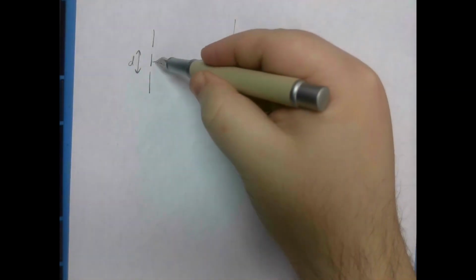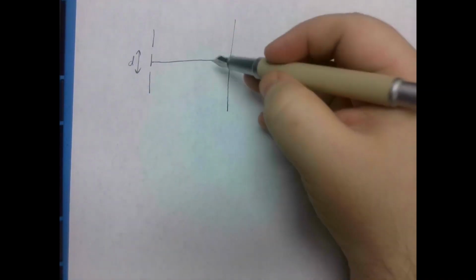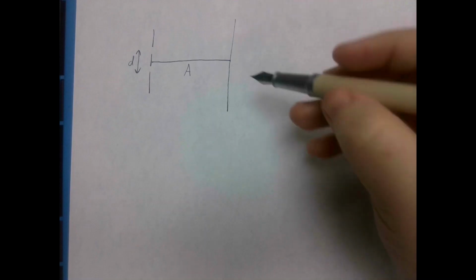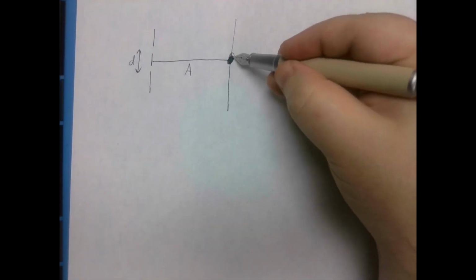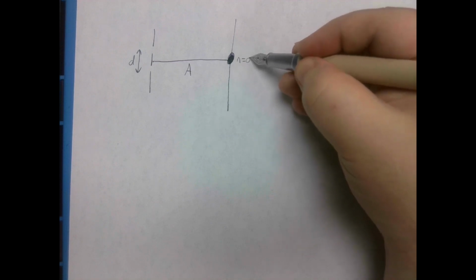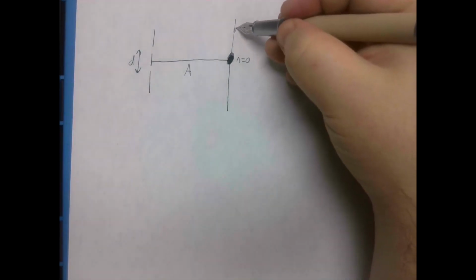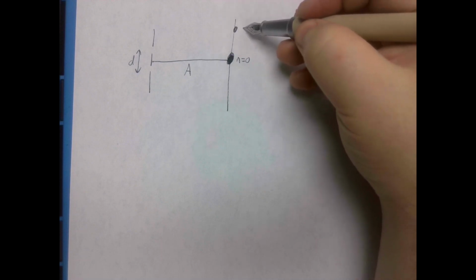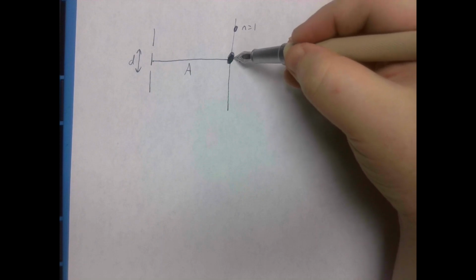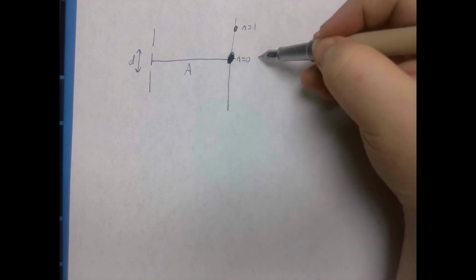The distance from my CD to the wall, I'm going to call A. We're going to get a dark spot that corresponds to n equals 0, and next to it a bright spot, n equals 1, at some distance I'll call B.